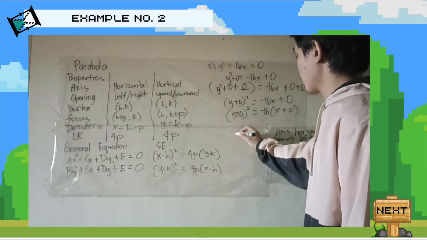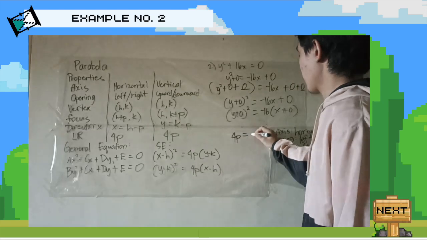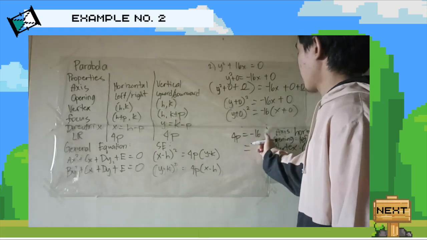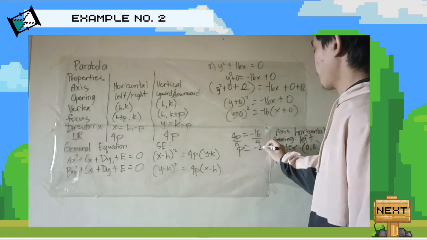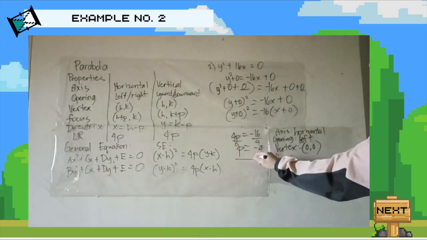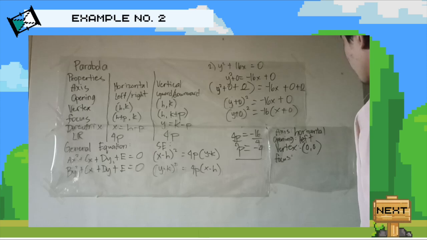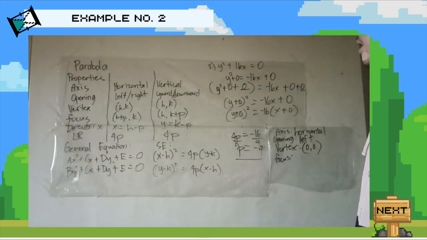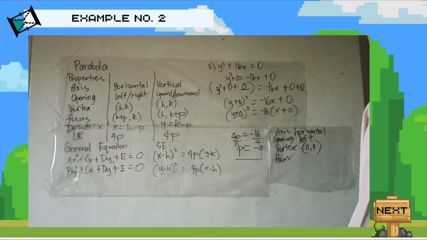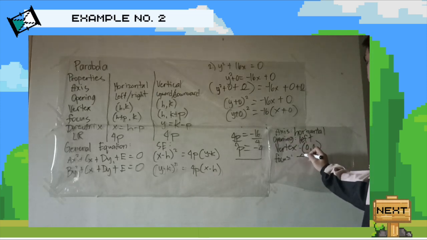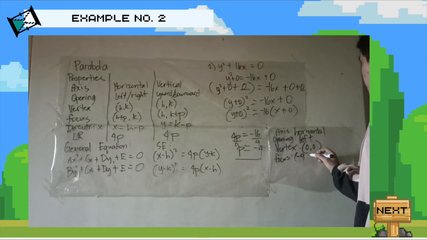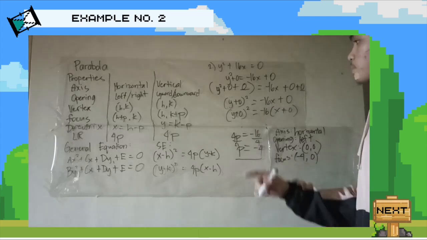Let us try to get the p: 4p is equal to negative 16. Divide both sides by 4. That is negative 4. So our p is negative 4. So for the formula of focus in horizontal, it is h plus p. So 0 plus negative 4 is negative 4, comma 0. Just copy the k.